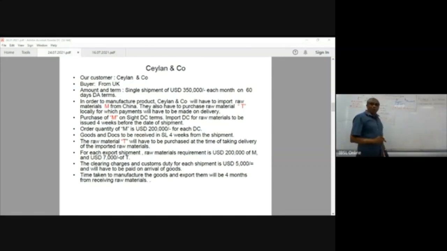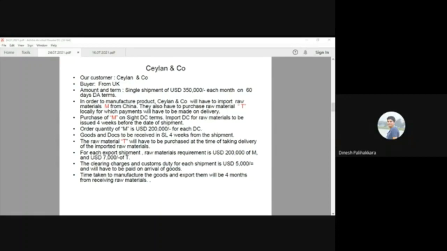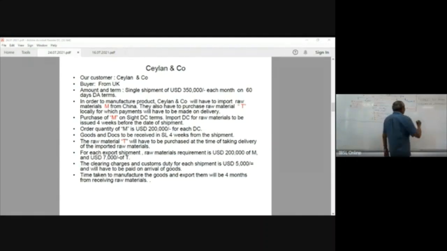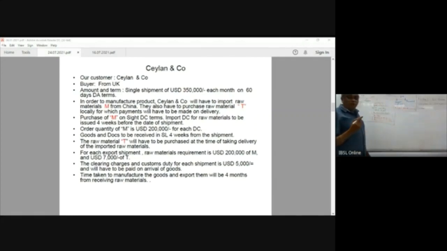Okay. How many people got this answer correct? I'm going to ask everybody, each and every one. Let's make it very important, because this 20 marks is very, very important.